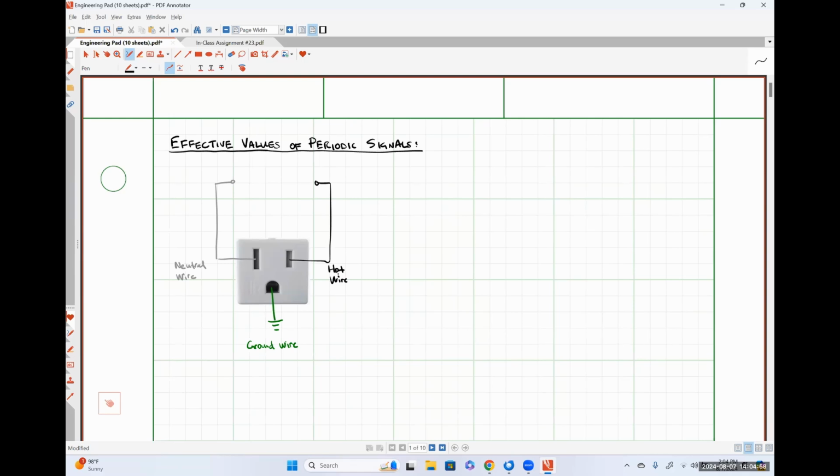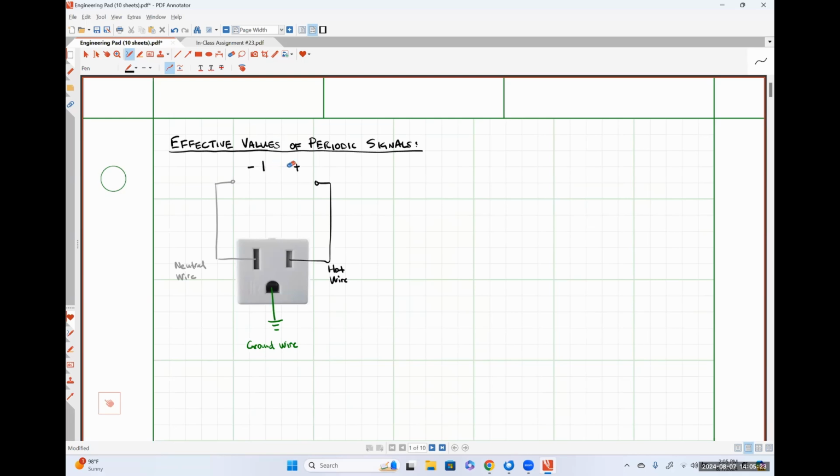All right, so the question that I just posed to you guys, I genuinely didn't expect you to be able to answer. I was expecting a particular wrong answer, but that's okay. So we typically call the voltage drop across this thing 120 volts.